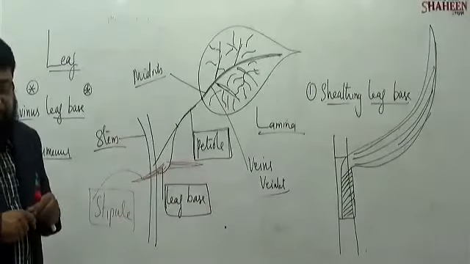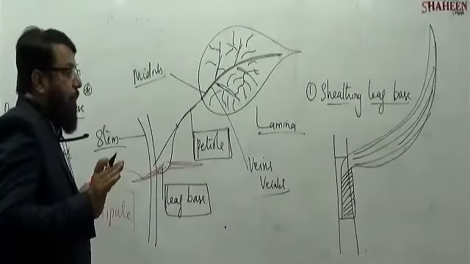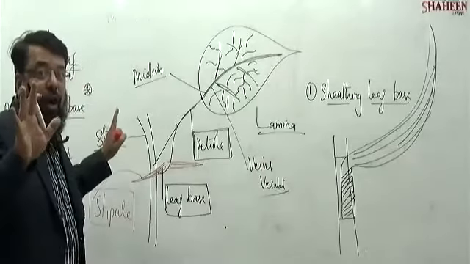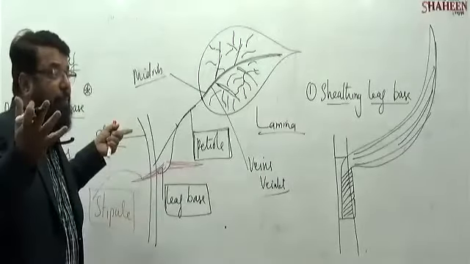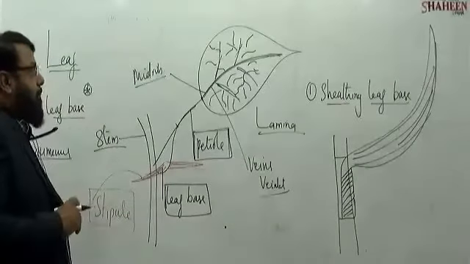Now, the shape of the leaf lamina. All the leaves you observe are not the same. The shape of the lamina varies.